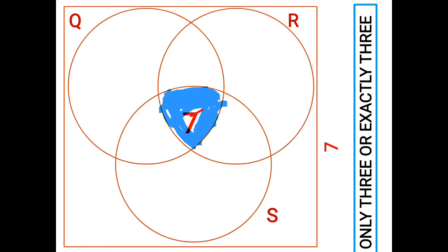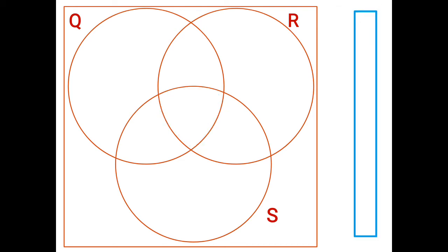Then we are saying when you are asked to find only 3 or exactly 3, that is the intersection of all, region 7. All right, now I have this blank Venn diagram. That is to tell us something. Sometimes you can be asked to find at least 2. We are saying that these sides are for only 1.